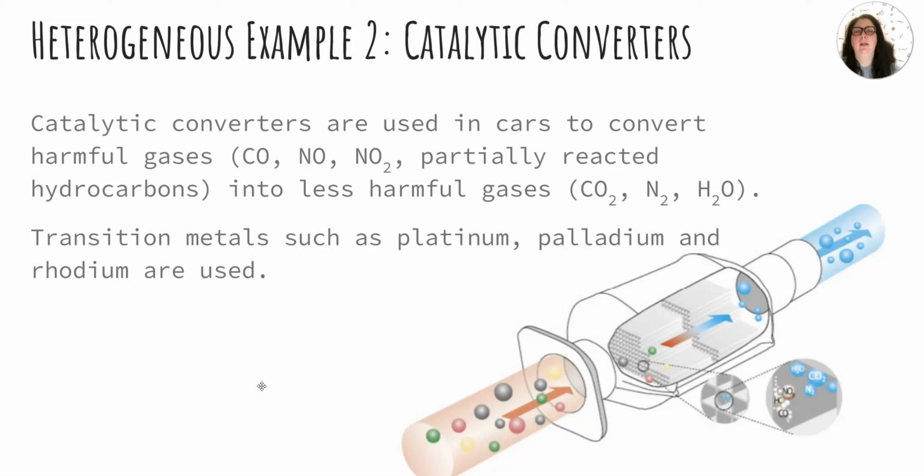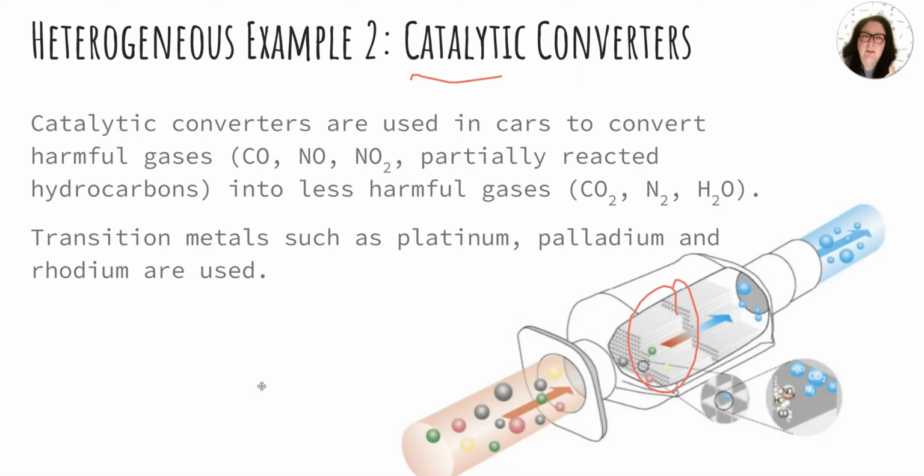And so came the creation of something called a catalytic converter, which is also a heterogeneous catalyst, catalytic meaning catalyst. How it works is it's usually a honeycomb-shaped metal. Platinum is used a lot, as well as palladium and rhodium.